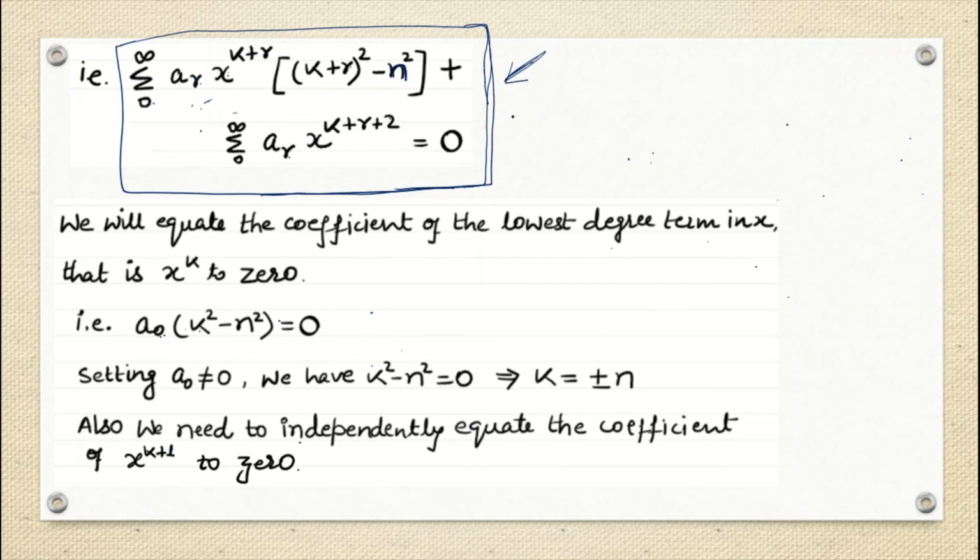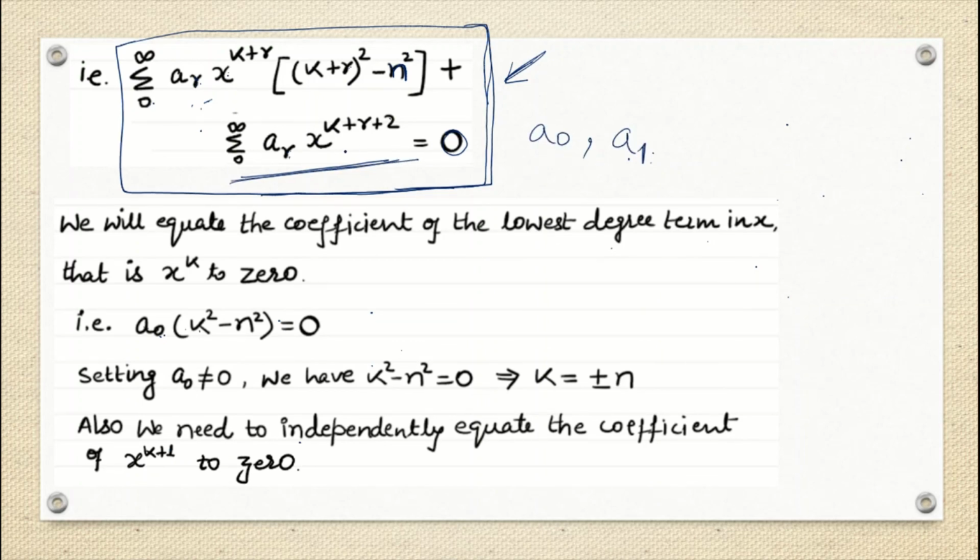The third step is very important, that is you have to analyze that if this complete sigma term is 0, that means you are going to pick the value of r as 0, then 1, then 2, then 3, and so on, and then you are equating the coefficient of terms independently as 0. Okay, so this will not have any role if you are finding a naught or a1.